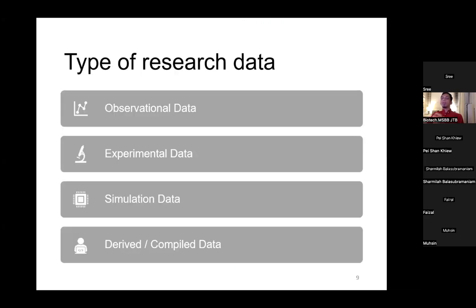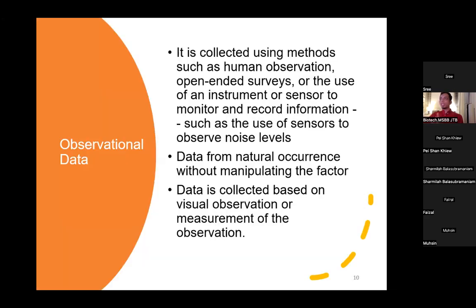All right, but I group the types of research data into 4 groups. You can have observational data, experimental data, simulation data, derived or compiled data. So what is observational data? It is collected using methods such as human observation.